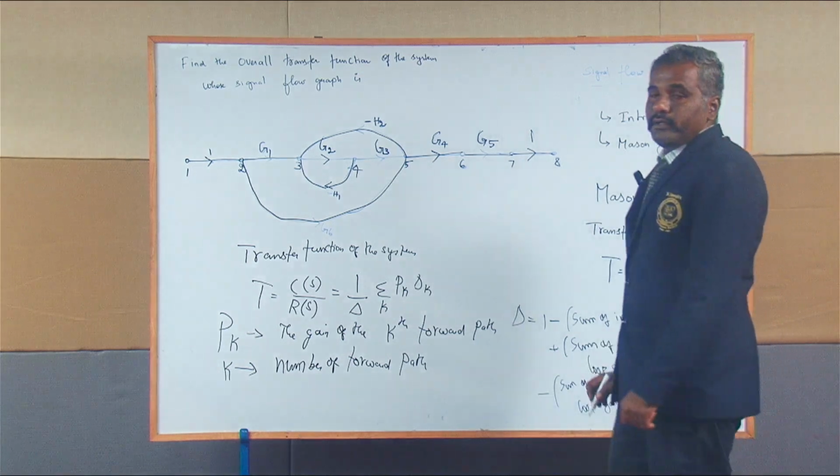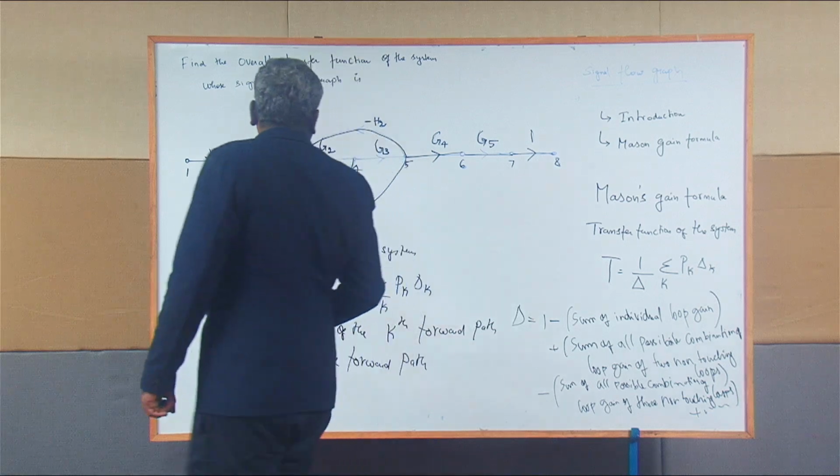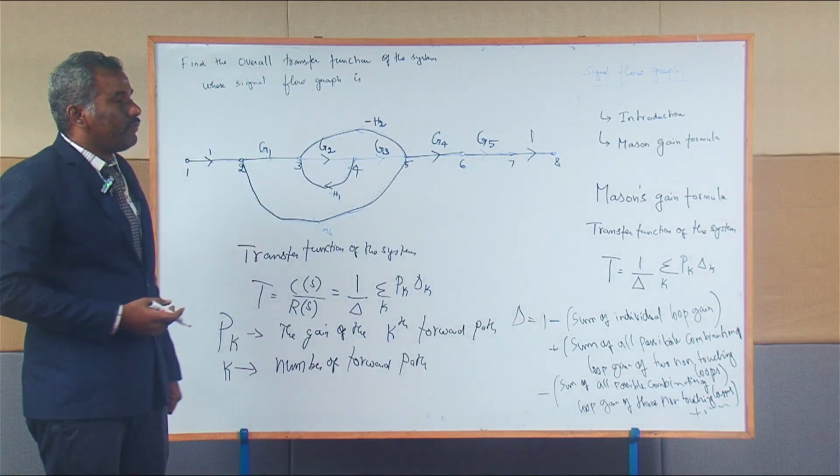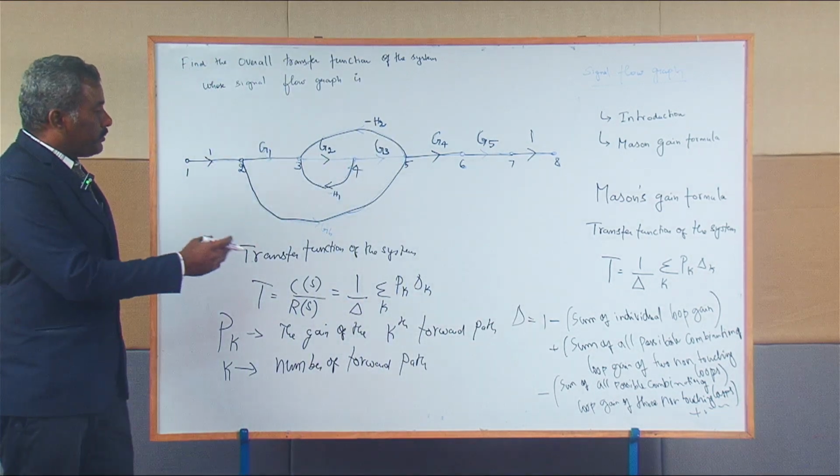It repeats in this way. So this is the expansion of del in the overall transfer function of the Mason gain formula. This will be the expression.